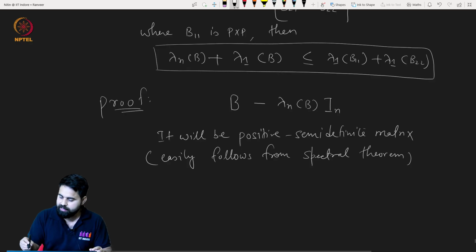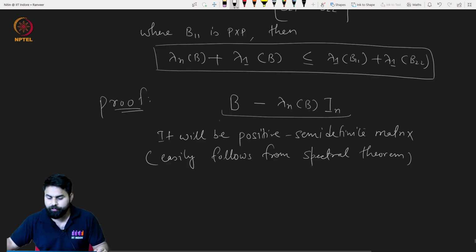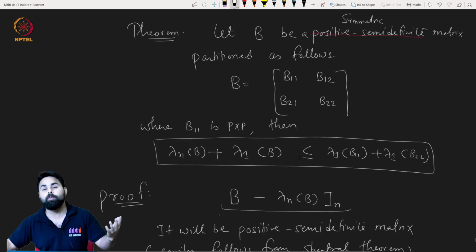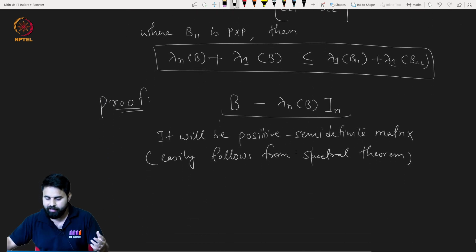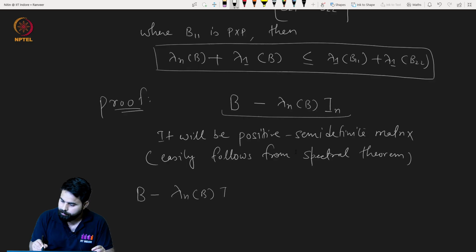Now since this is a positive semi-definite matrix, we can make use of the result we have proven towards the end of the last lecture. What will this matrix be?